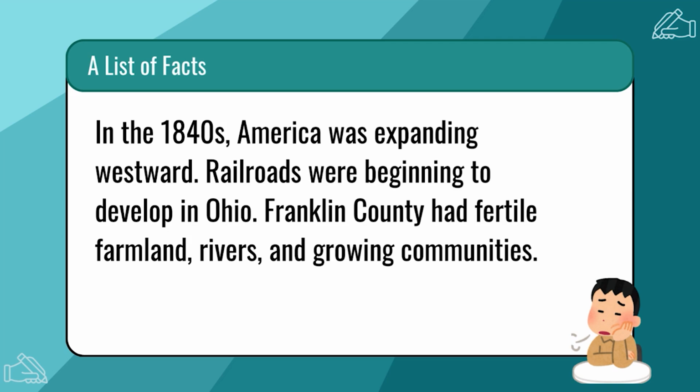Franklin County had fertile farmland, rivers, and growing communities. Now, these are all good facts, and if you followed the recipe for writing family history principle, they're helpful and they're accurate. But if you want to take your story to the next level, they can't just sit there, because right now they're not connected and they're not being experienced.